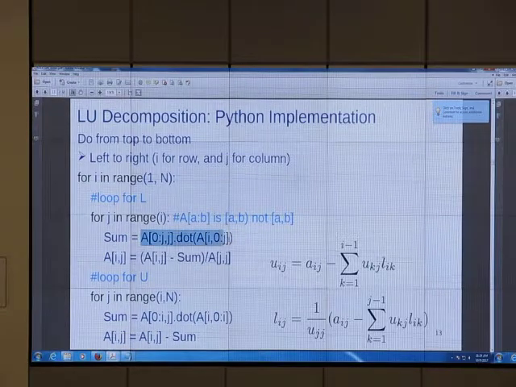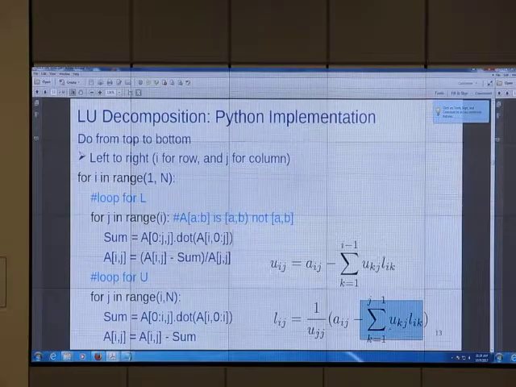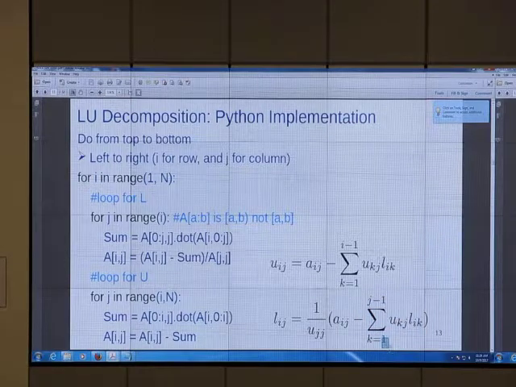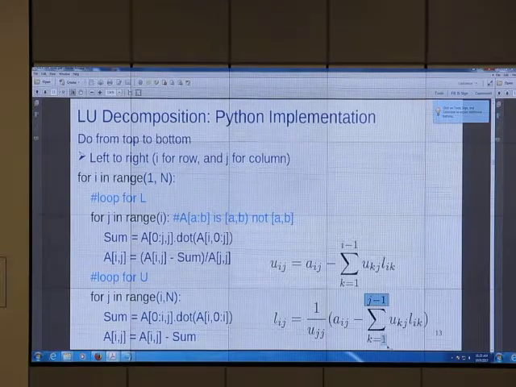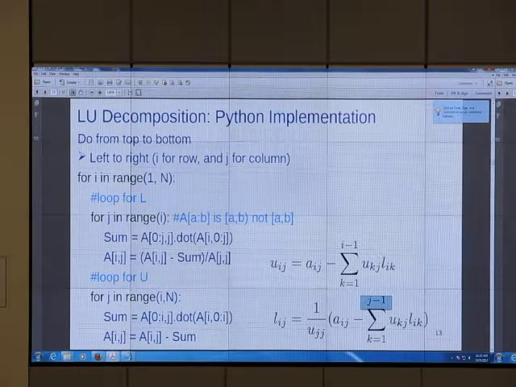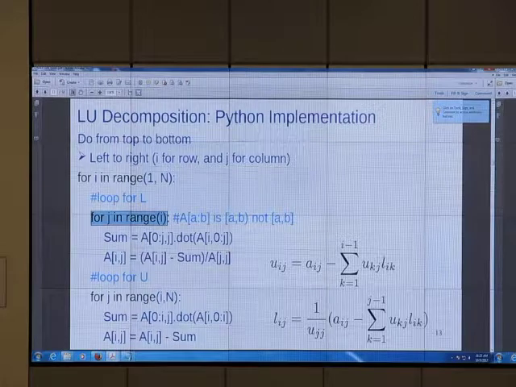So this term is to get this summation. And we do the summation from k equal to 1 to k equal to j minus 1. Where do we say that in the code? Is it here? Yes, it is there.